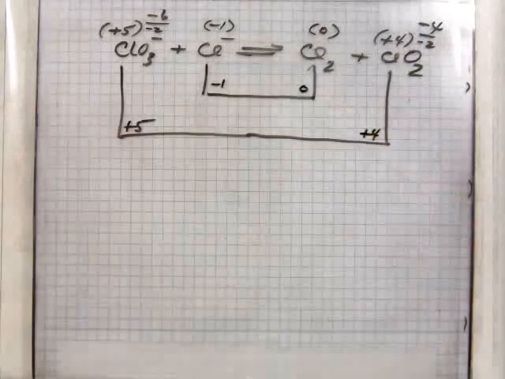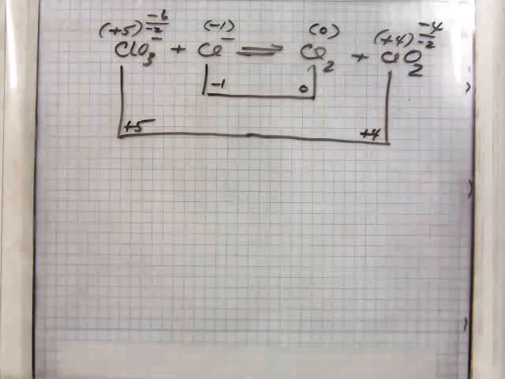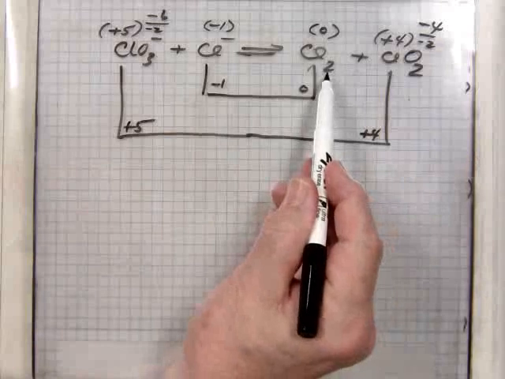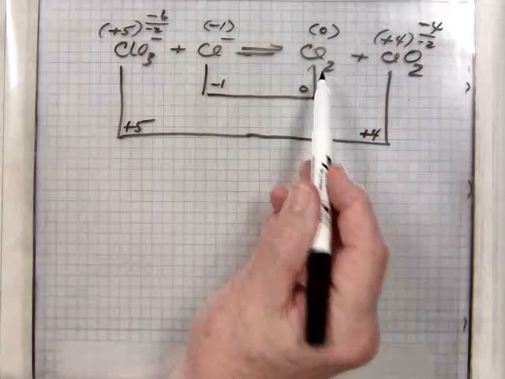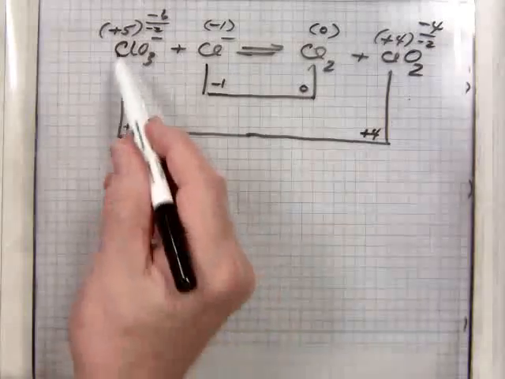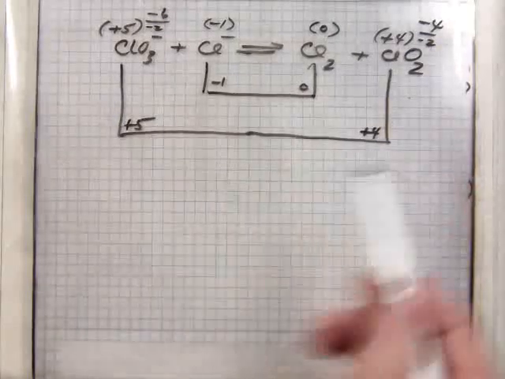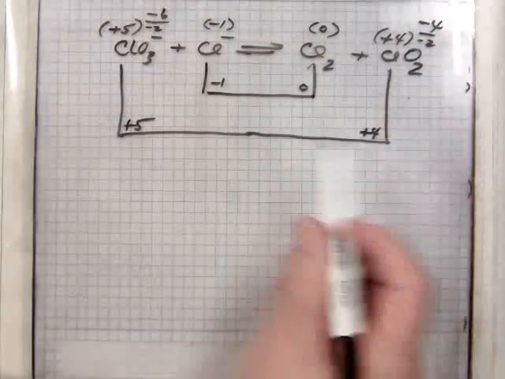Now you make your choices of gains and losses per element first, and then you apply multiples. That's where the subscript 2 comes in. We cannot ignore the subscript 2 at this point. Here in this one, we go from +5 to +4. That's a gain of 1 electron.